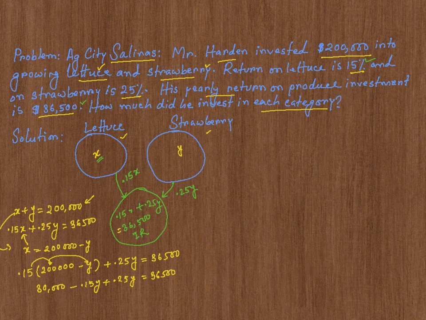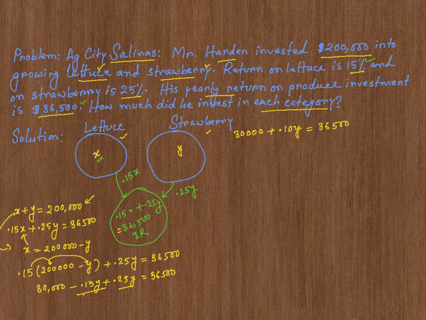Now I can combine the terms. I'm going to have 30,000 plus 0.10Y. Negative 0.15Y plus 0.25Y is 0.10Y, which is equal to 36,500.